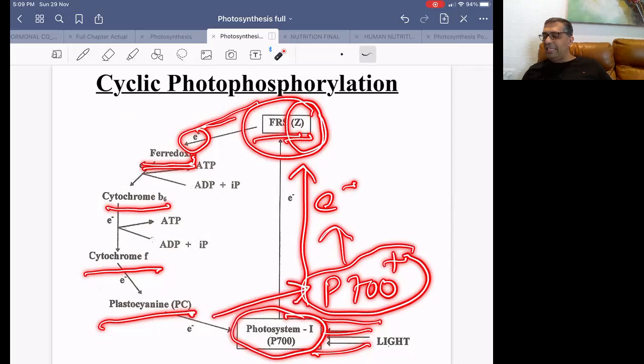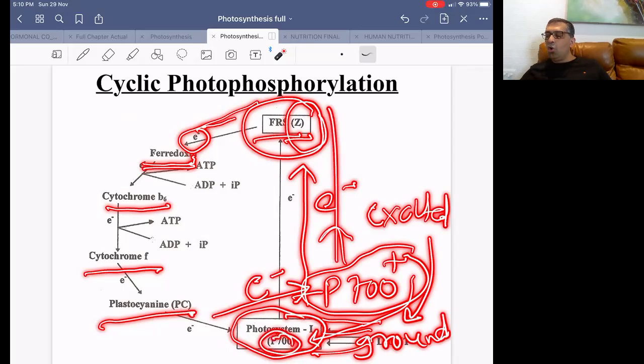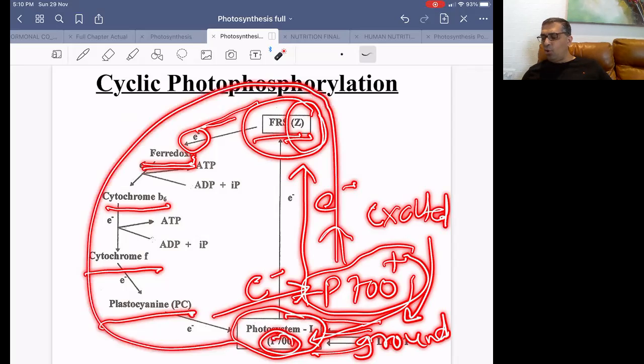It will accept its own electron back, and from excited state it comes back to a ground state. So P700 plus again becomes P700. And this means the electron goes around and comes back to photosystem 1. Hence the process is called cyclic photophosphorylation.